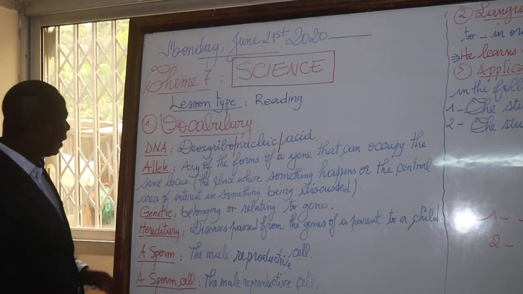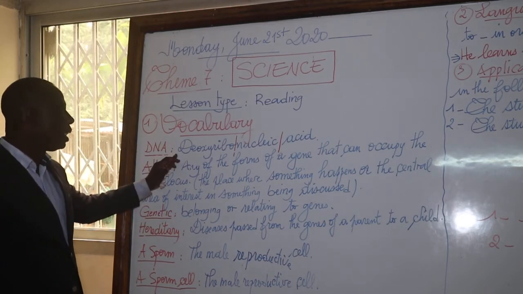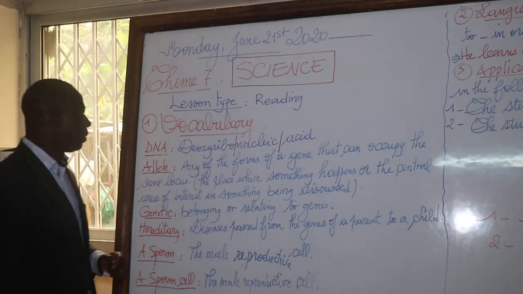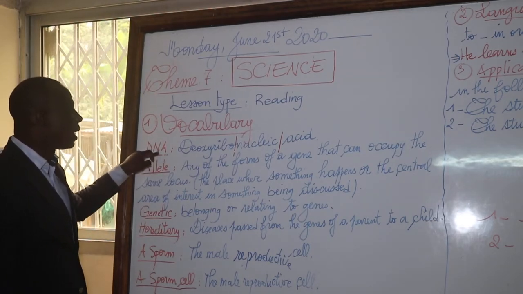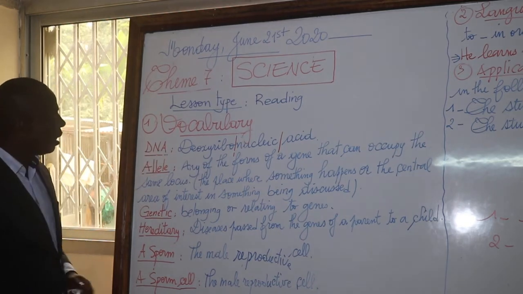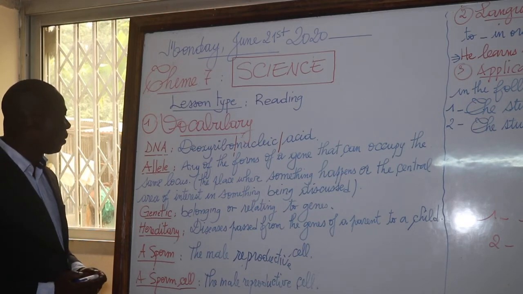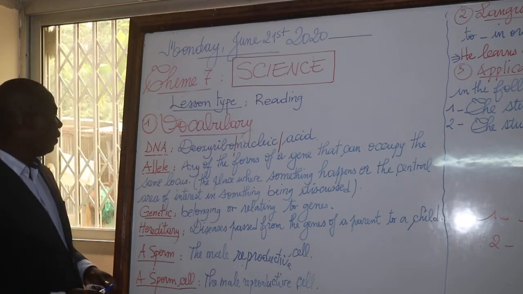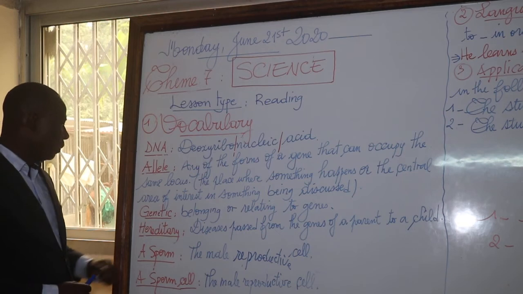Now, when I take the first word, DNA, deoxyribonucleic acid. D means deoxyribo, N, nucleic, A, acid. Now, allele, any of the forms of a gene that can occupy the same locus, the place where something happens, or the central area of interest in something being discussed.